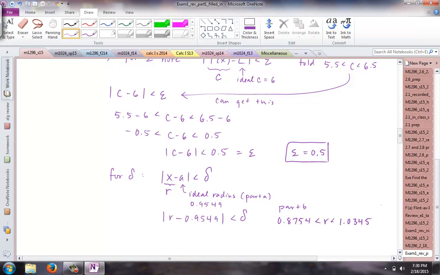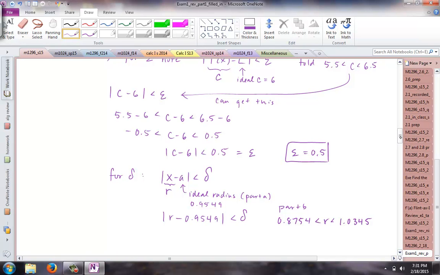All right, so taking the same or similar approach that we did with the last one, because we know the ideal radius, you can just subtract that from the values that the radius can vary between, make it positive if it's negative, and then those are our candidates for delta, and we take the minimum. That's what you need to do.